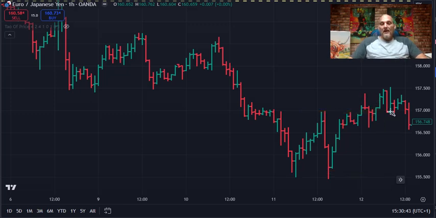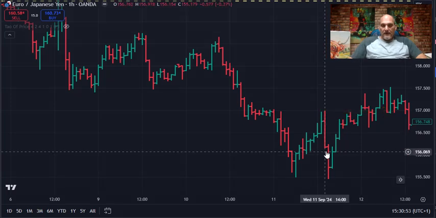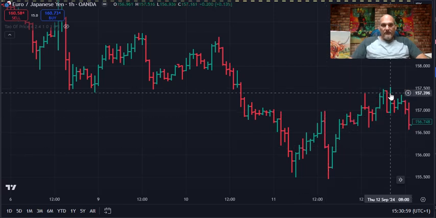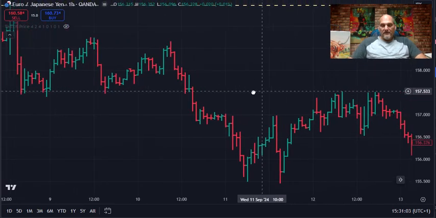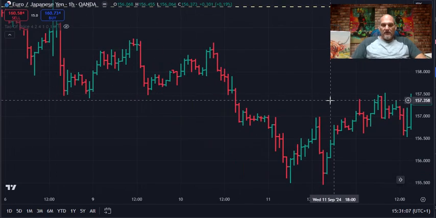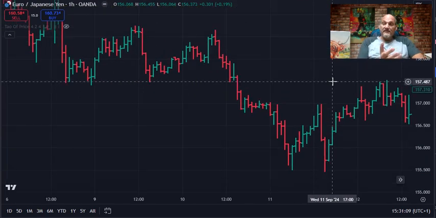I don't know how much further it goes up, but this is a 1 hour chart, so it moved from 157 to 157.51, 50 pips up. It wasn't really that big of a move, but that's just an example of a correctional move.